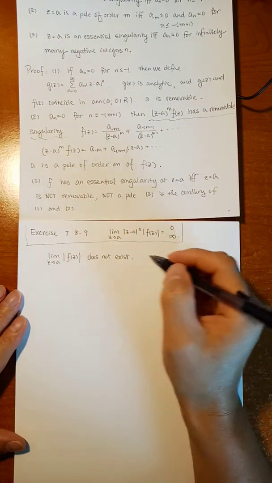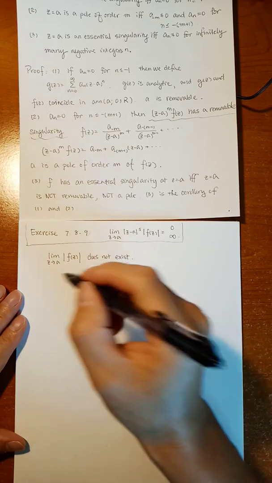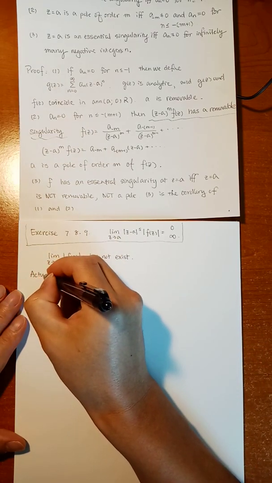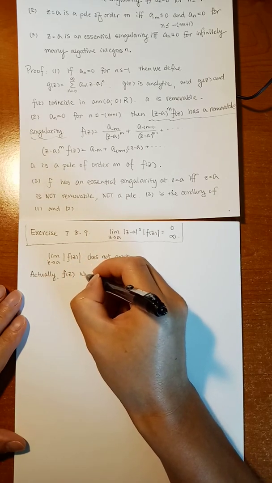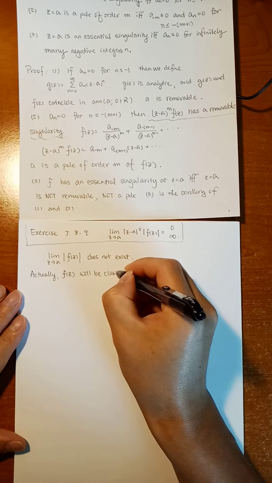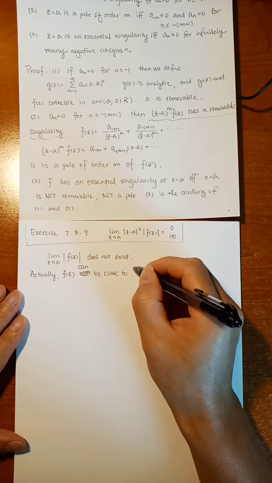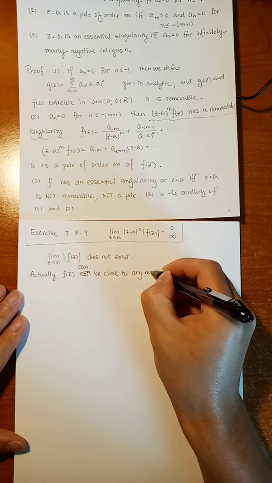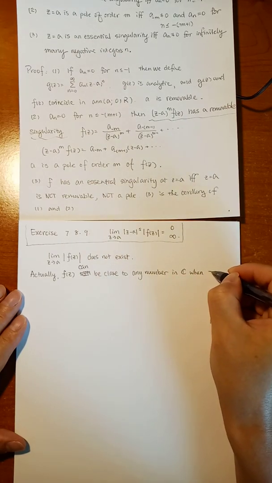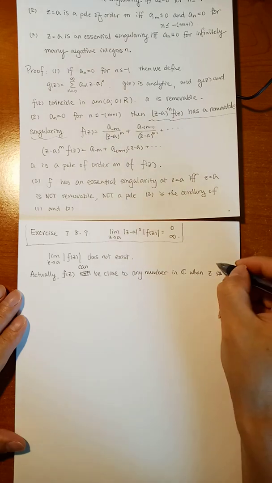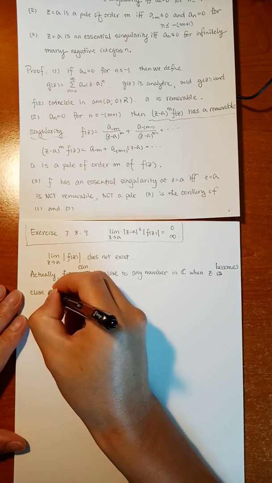So in the next theorem, we're going to show that actually f of z can be close, not will be, can be close to any number in C when z becomes close to a.